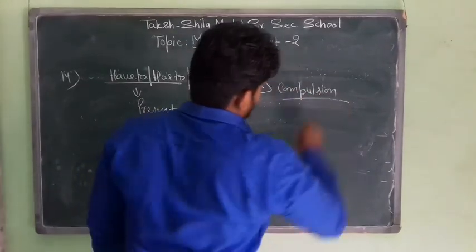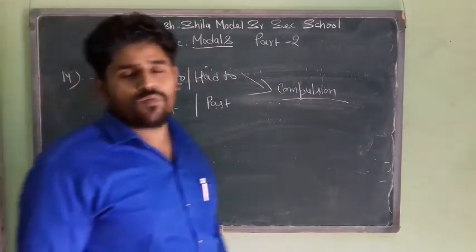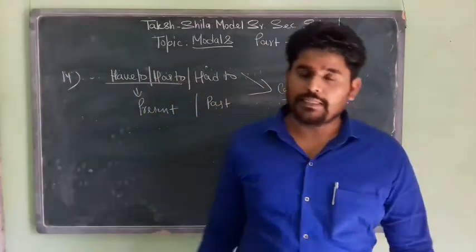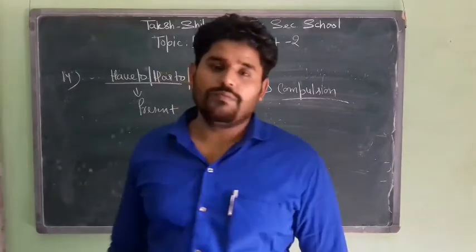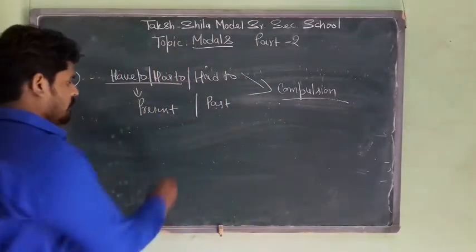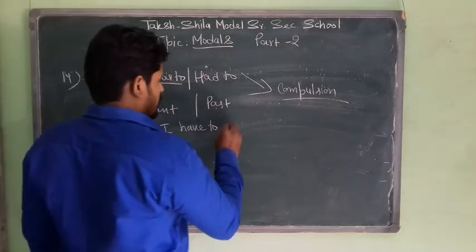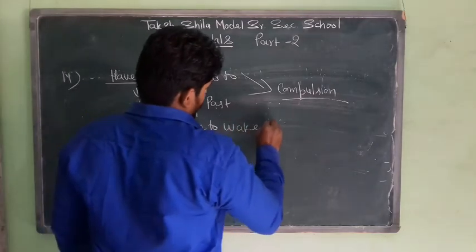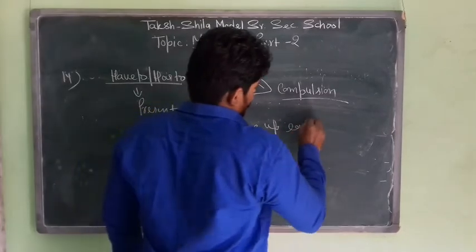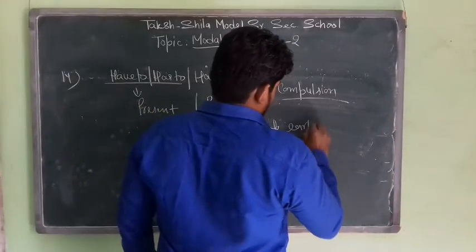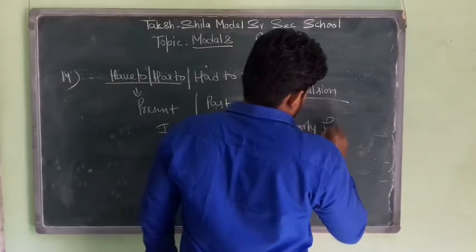Compulsion here means a person does not want to do something, but it is something that he is forced to do. Means for example, I have to wake up early in the morning.